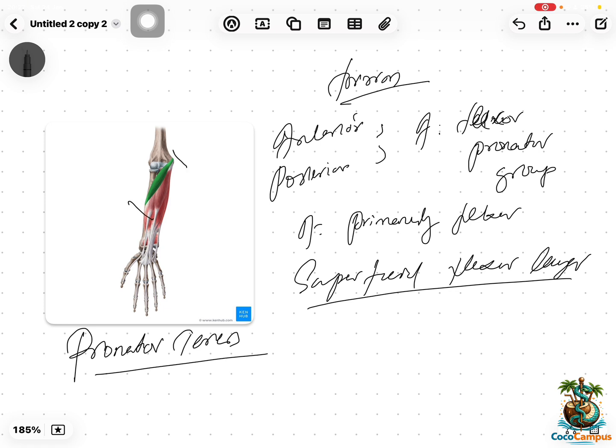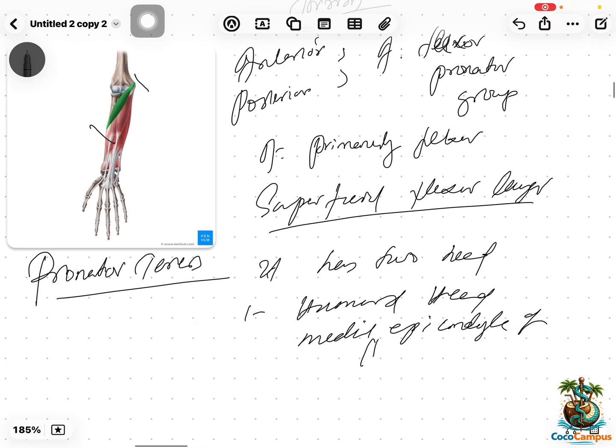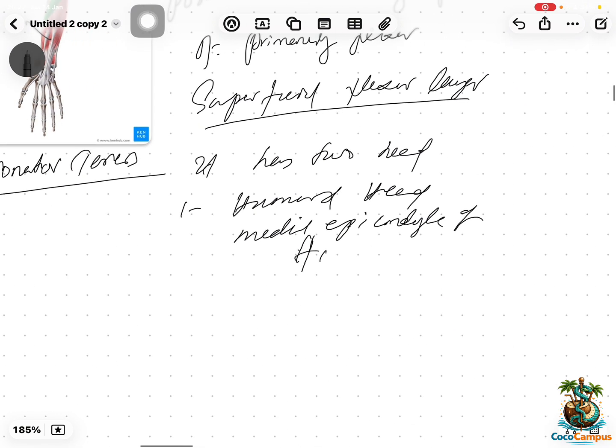One is the humeral head, which originates from the medial epicondyle of the humerus. The other is the ulnar head, which originates from the coronoid process.